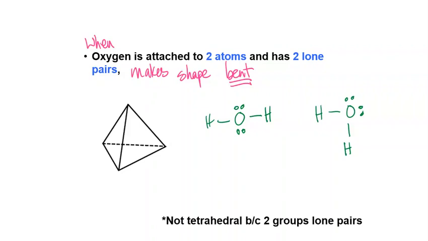So just like we did with the nitrogen and with the carbon in the previous 2 examples, we're going to take the oxygen and put that in the middle, and we see that there are 2 hydrogens, each pointing to a vertex, I think it's called, of this tetrahedron, and then we have a lone pair that's pointing up to this vertex, and another lone pair that's pointing over here.